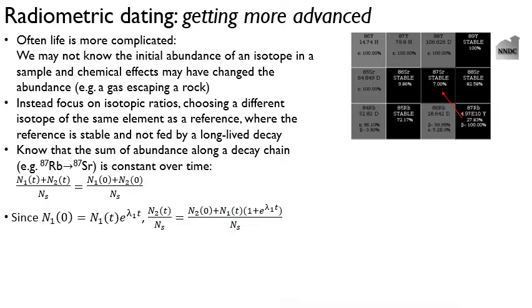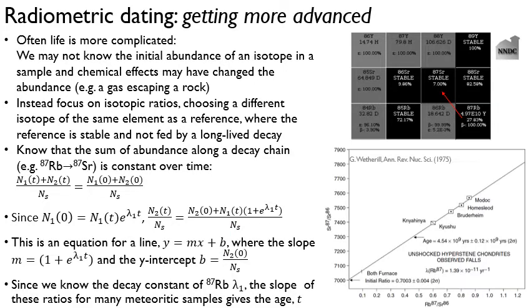Now that may look complicated and not look very helpful, but if you pay close attention, you'll see this is just an equation for a line, right? This can basically be broken out into y equals mx plus b. So just a simple equation for a line.